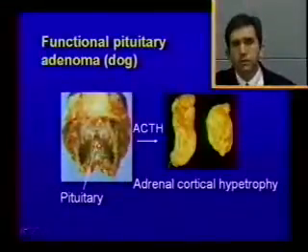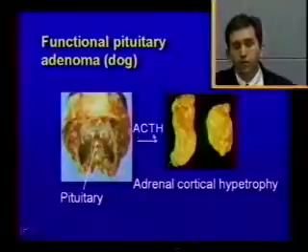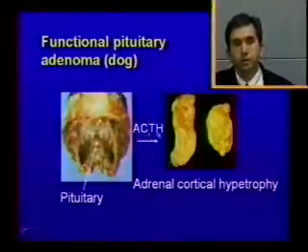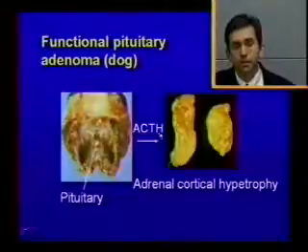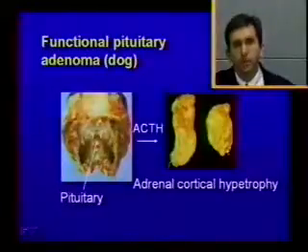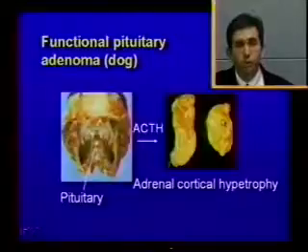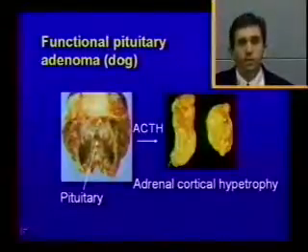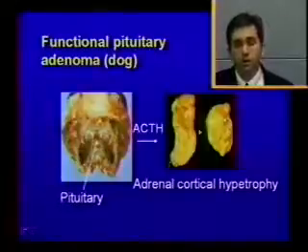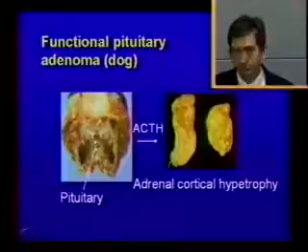That is because it is producing large quantities of the hormone adrenocorticotropic hormone, or ACTH, stimulating on both the right and the left sides the adrenal cortex to become hypertrophied or enlarged. And the product of this would be cortisol. And so these dogs suffer a condition where they have an excessive amount of cortisol due to this tumor in the pituitary gland.